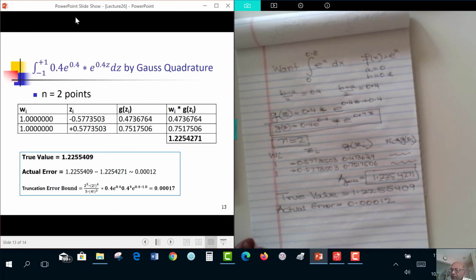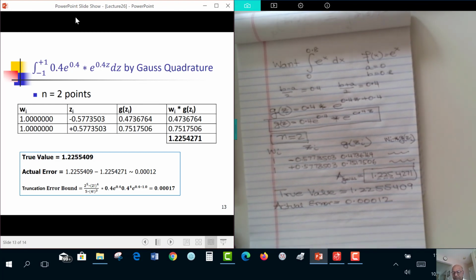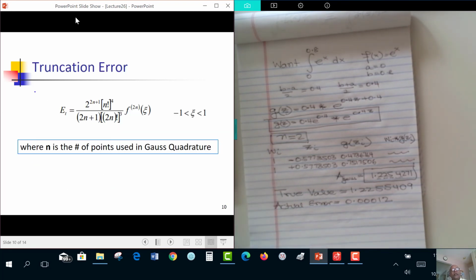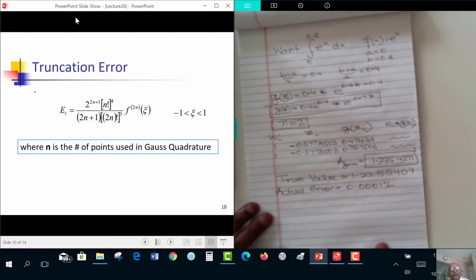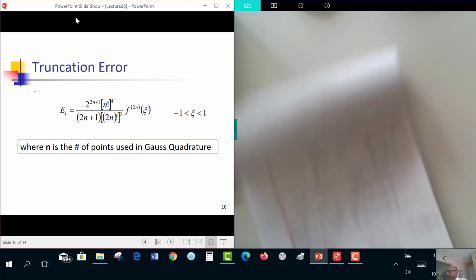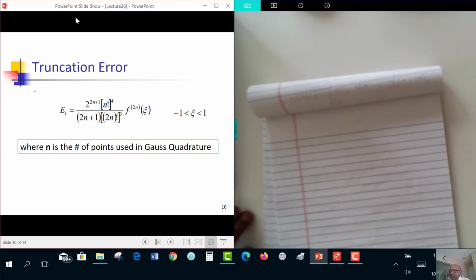All right, let's see what is our truncation error bound. Okay, so let's bring up our formula for truncation error. Right, so we have n equal to 2. Let me bring another page here.